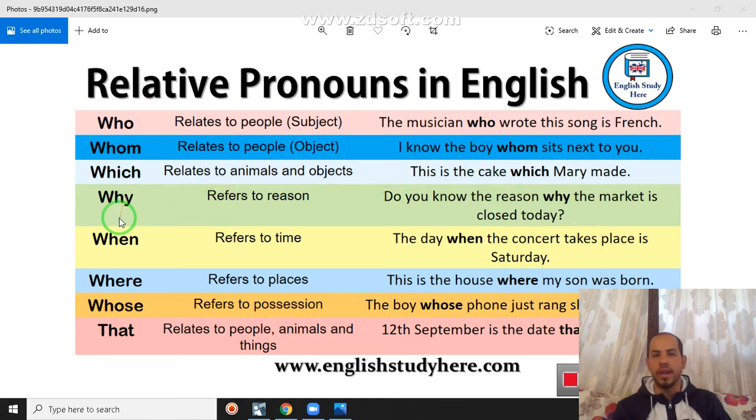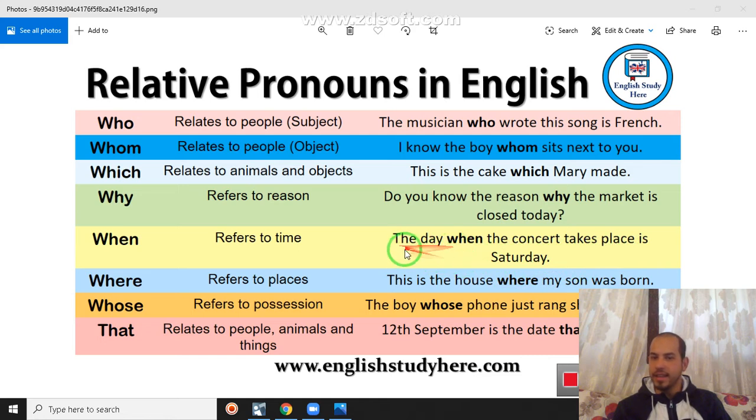Okay. Why refers to reason. Do you know the reason why the market is closed today? Why relates to the reason. So when I describe a reason, I use the relative pronoun why. When refers to time. The day when the concert takes place is Saturday.